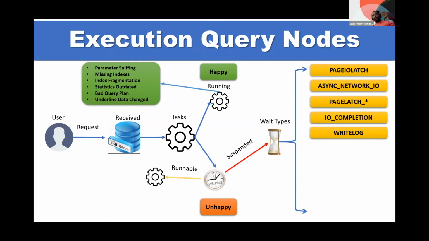If the size is bigger than 60K, that means the log buffer fills up, and you will see this kind of wait type generated, like write log. So what can you do to resolve this? You can put the data file and the log file on different drives. You can increase the I/O capacity of the disk.